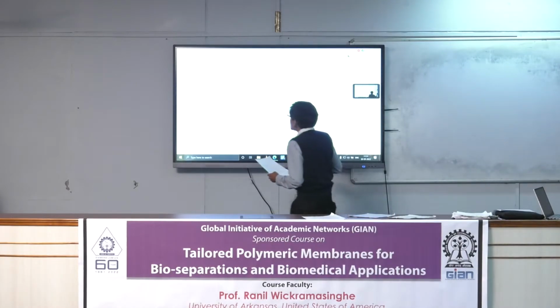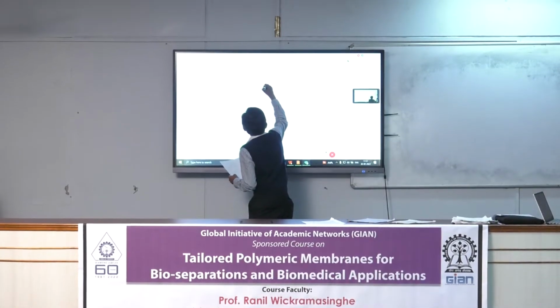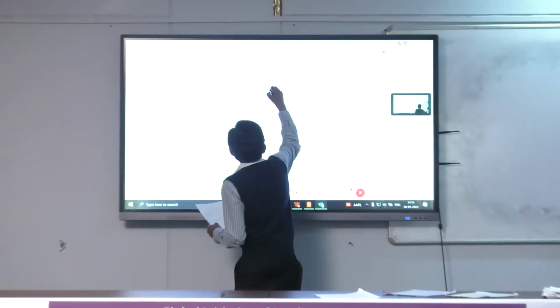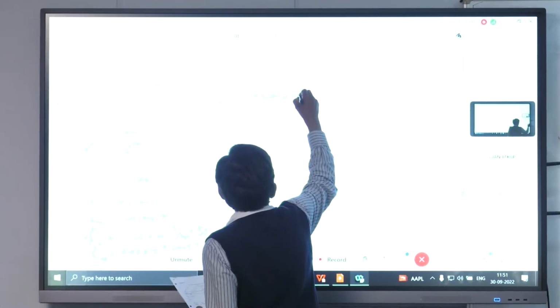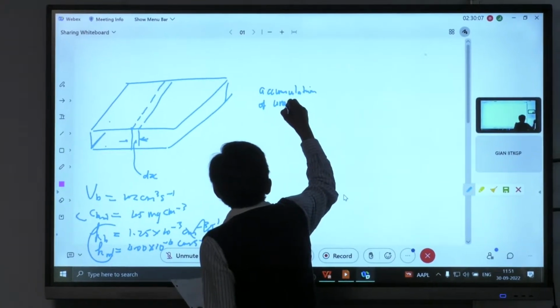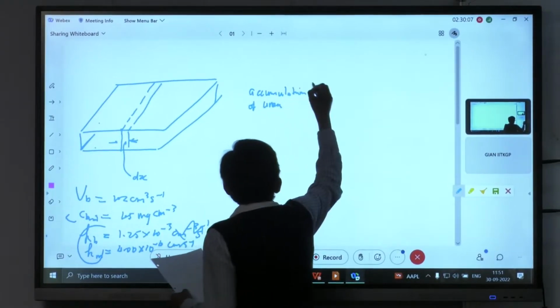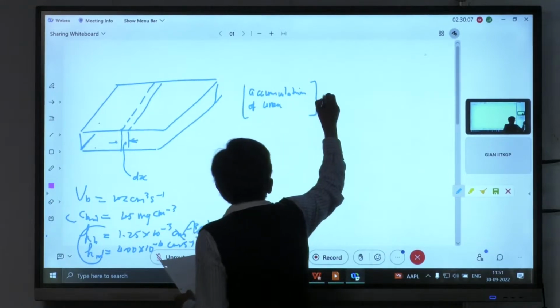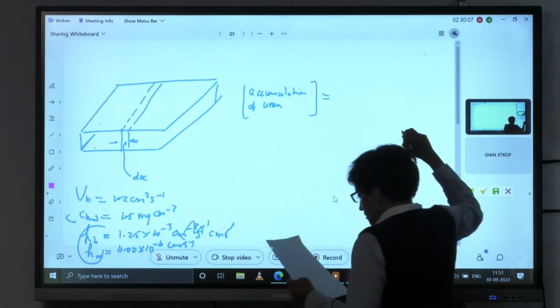So what we say is that accumulation of urea, okay, in this small volume equals whatever comes in minus whatever goes out, right?